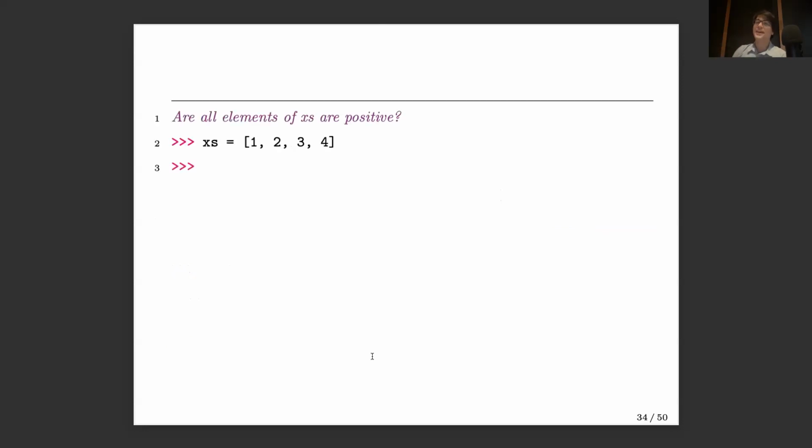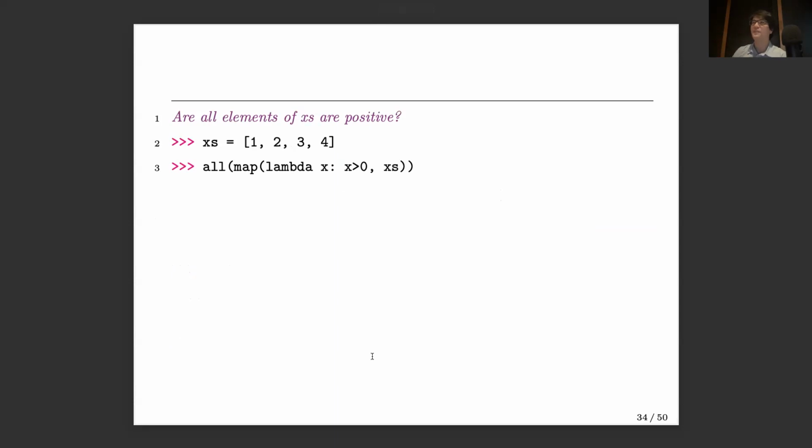Are all elements of X's positive? This is a use case of this. How do I do this? Well, I want to take my list and map to it the isPositive function, which leaves me with a list of trues and falses. And then I want to ask if all of those things are true. So all is not useful by itself.